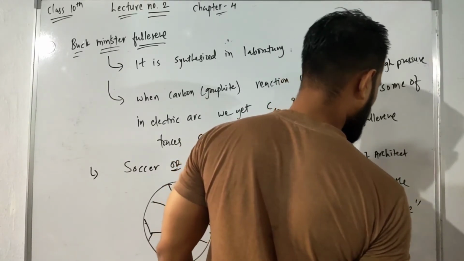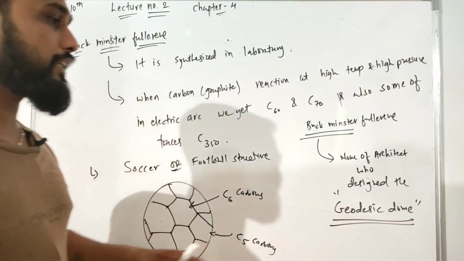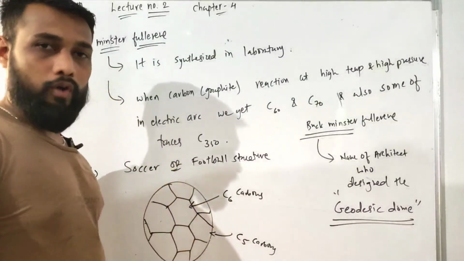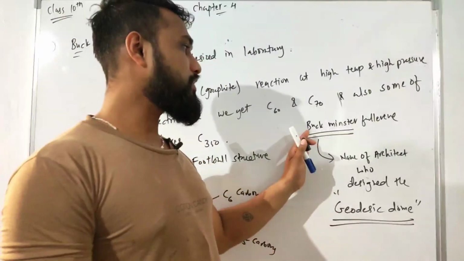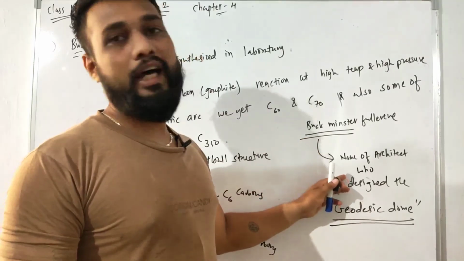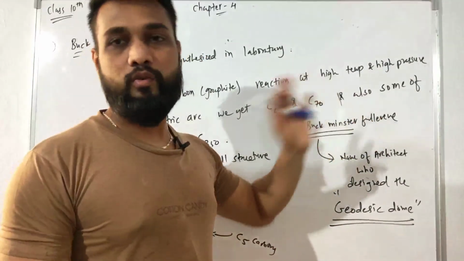It is one type of building that looks just like this soccer ball. Okay, so in honor of this Buckminster, the name of this architect is given to Fullerene, that is Buckminster Fullerene.